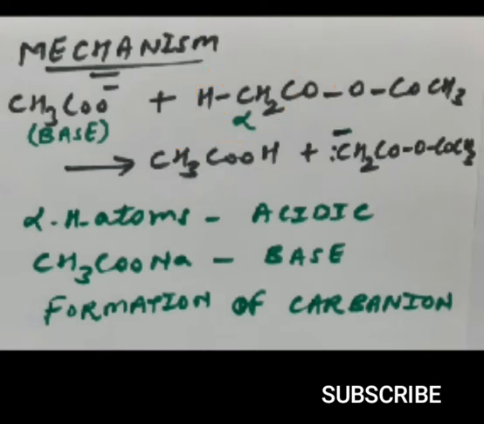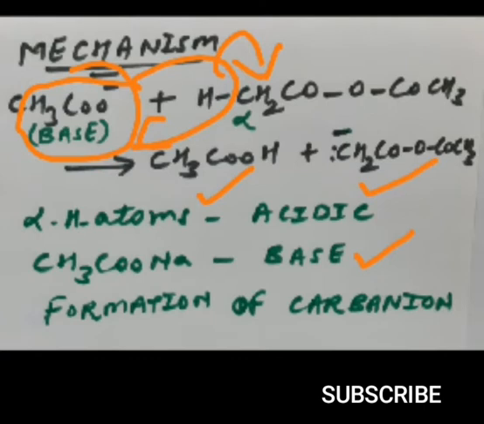Is it clear? Now these hydrogen atoms, since they are acting as an acid, have a tendency to get abstracted by a base. So the base which we are taking here, that is the sodium salt of carboxylic acid, the carboxylate anion of the base will abstract this H with itself, resulting in the formation of acetic acid, and what you are left with is a carbanion, right?